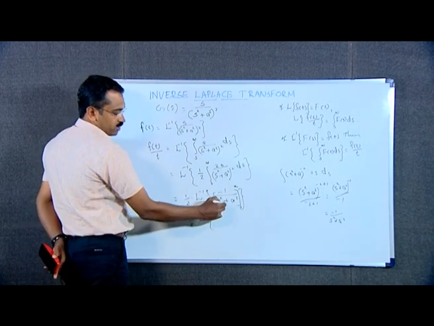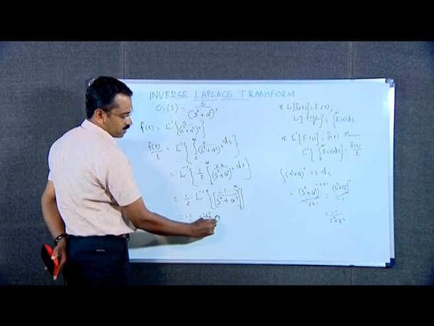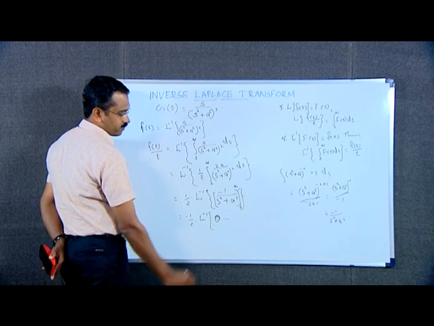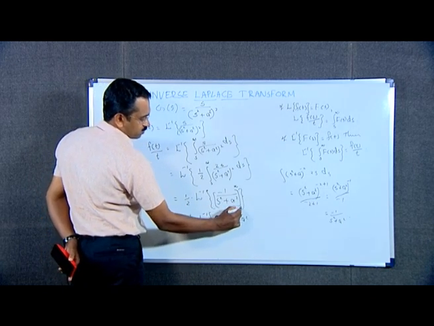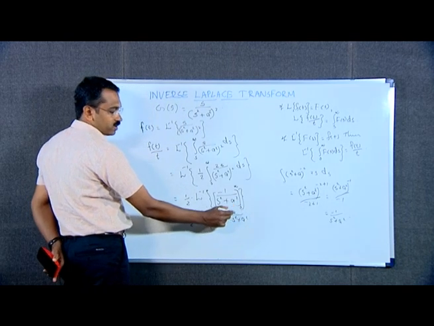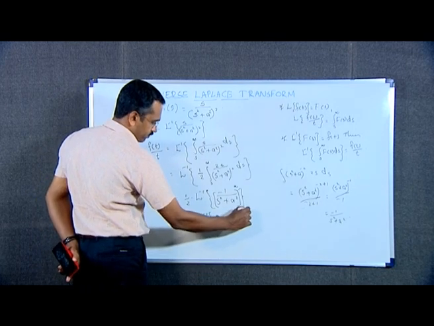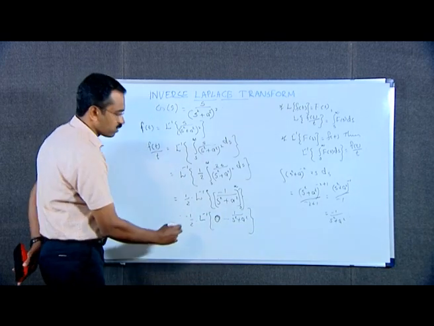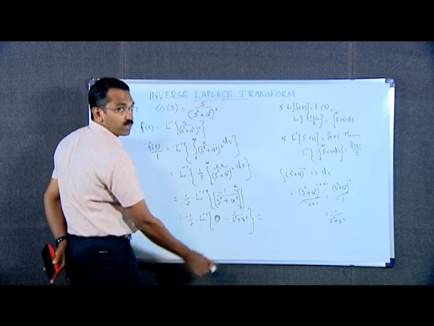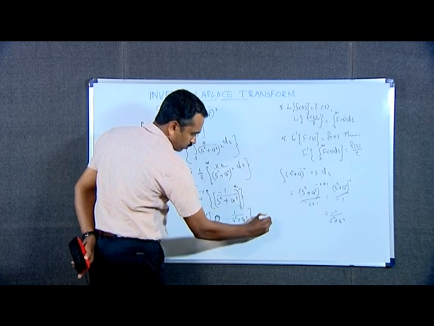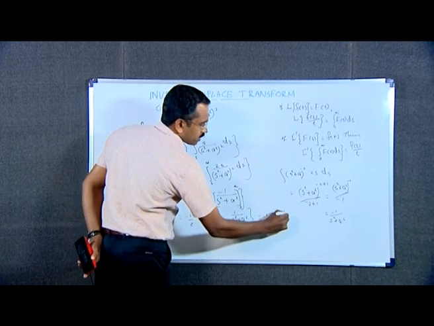When s tends to infinity, this will become 1 by infinity, means 0, minus 1 by s square plus a square. When we apply the lower limit, the term is 1 by s square plus a square. That is equal to minus 1 by 2, here negative of 1 by s square plus a square, means 1 by 2 into L inverse of 1 by s square plus a square.